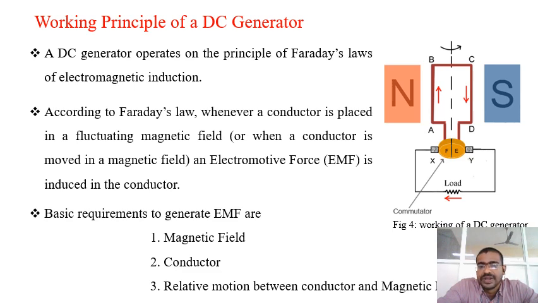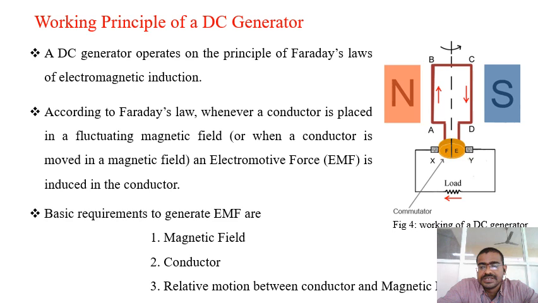According to Faraday's law, an EMF is induced in the conductor, and the nature of that induced EMF is alternating. That alternating induced EMF is converted into DC induced EMF with the help of the commutator. The DC current is drawn with the help of the two brushes mounted on the commutator segments. Hence a DC current flows through the resistive load.